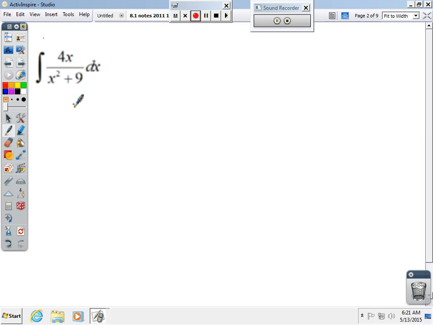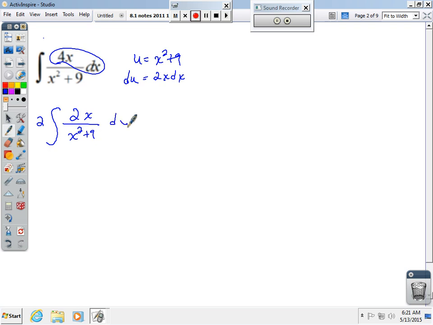Because we have an x squared in the denominator, when I take the derivative of that u, it'll be a 2x. So I'm going to let u equal x squared plus 9. du is equal to 2x dx. Now it almost matches the numerator, but this is a 4x dx up here in the numerator, and we need it to be a 2x dx. So I'm going to factor a 2 out of the top. It's a constant, I can bring a 2 out, and rewrite the integral as 2x over x squared plus 9 dx.